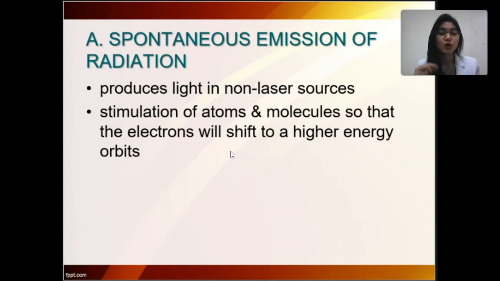So whenever they shift to a higher energy orbits, they produce certain waves. And you know it that when we have these waves, it means that there is radiation. And when there is radiation, there is heat. Merong heat.